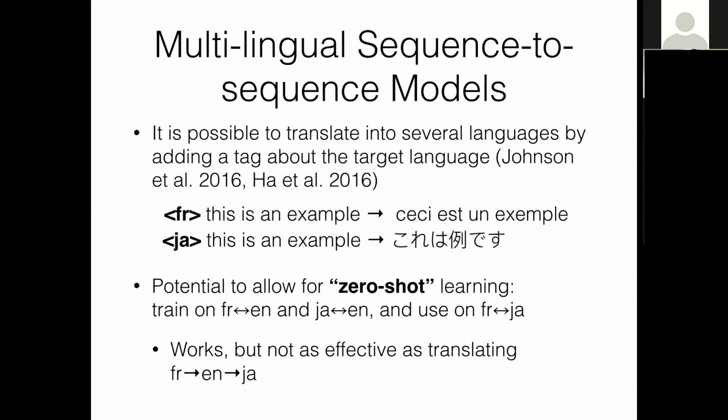This works, but of course it's not as effective as translating from French to English to Japanese. One reason is that there is a lot of parallel data available from and to English. So that is one reason why French to English to Japanese might work better than doing this transitive relation.